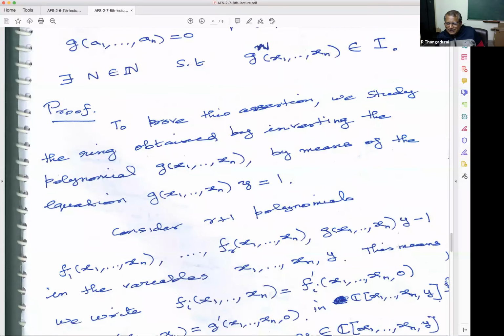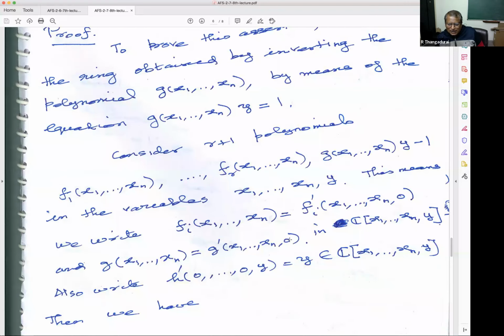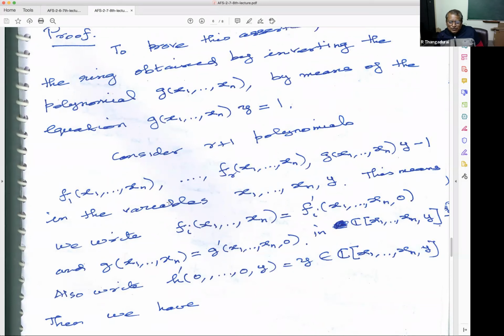Here there is a typo, I should not write 0. I just put y only. Instead of 0, I put y here, and h prime, I put x1, x2, ..., xn. The variable y only comes, the rest of the x's don't come. So we are looking at n plus 1 variable polynomials, r plus 1 polynomials.